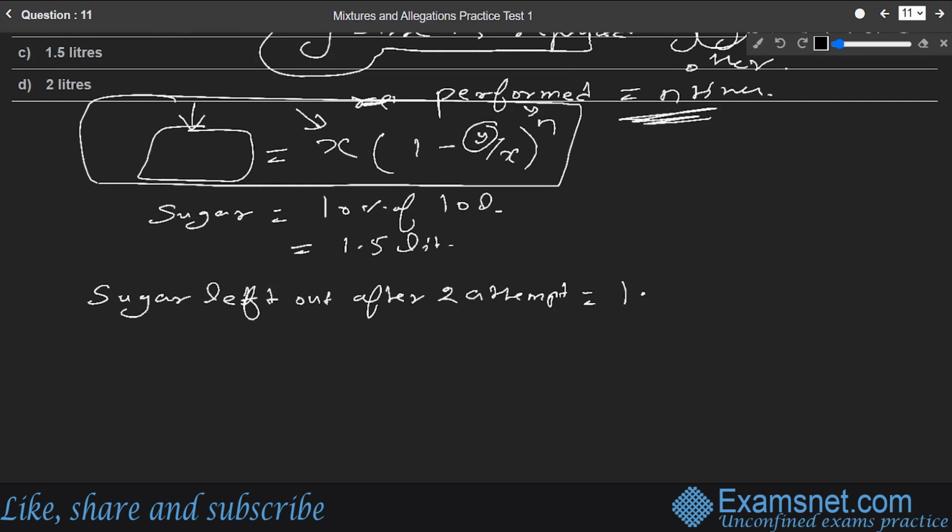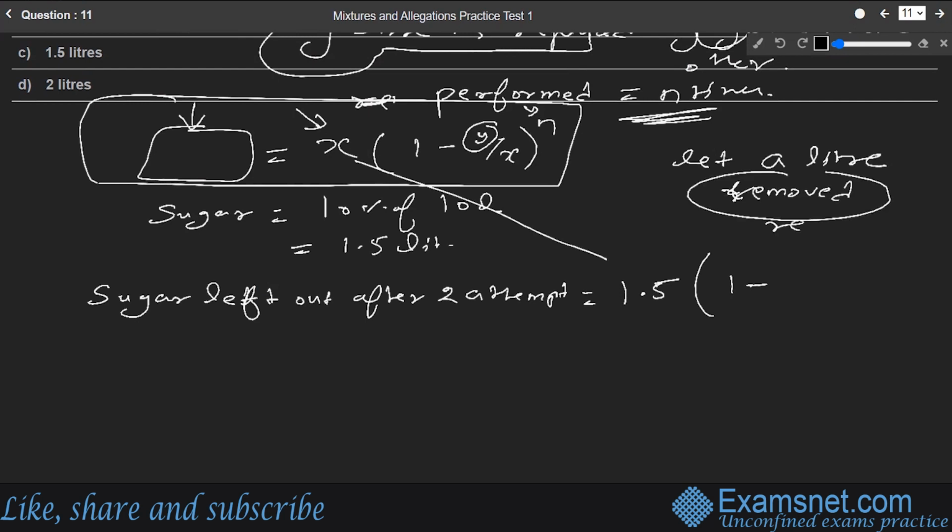The original sugar content was 1.5, so x becomes 1.5 multiplied by 1 minus, let us assume one more thing, let A liter be removed and replaced at the same time. If this is done, it has to be 1 minus A by the total content, which was 10. And this process has been done twice, so square. So this is how the formula is brought into the scene.